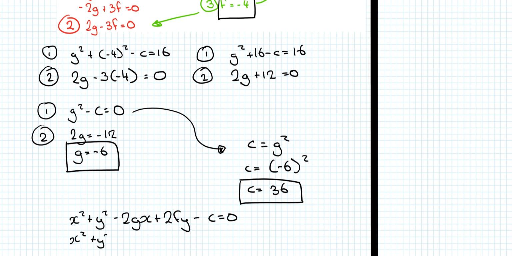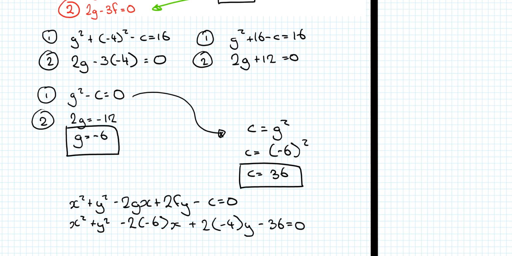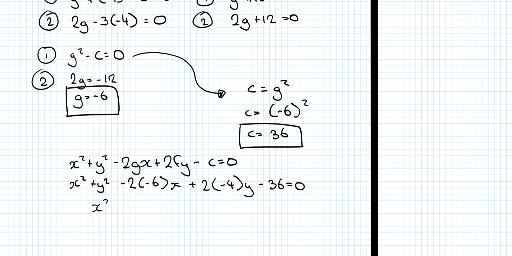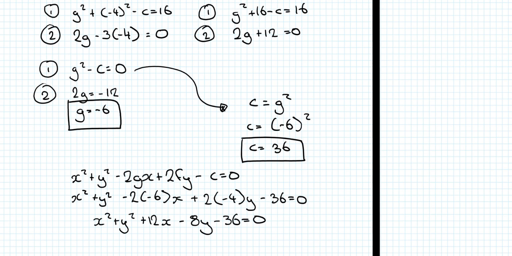X squared plus y squared minus 2 by minus 6x plus 2 by minus 4. Oops, let's make this look better. Minus 4y minus 36 is equal to 0. X squared plus y squared plus 12x minus 8y minus 36 is equal to 0. And that's the equation of the circle.